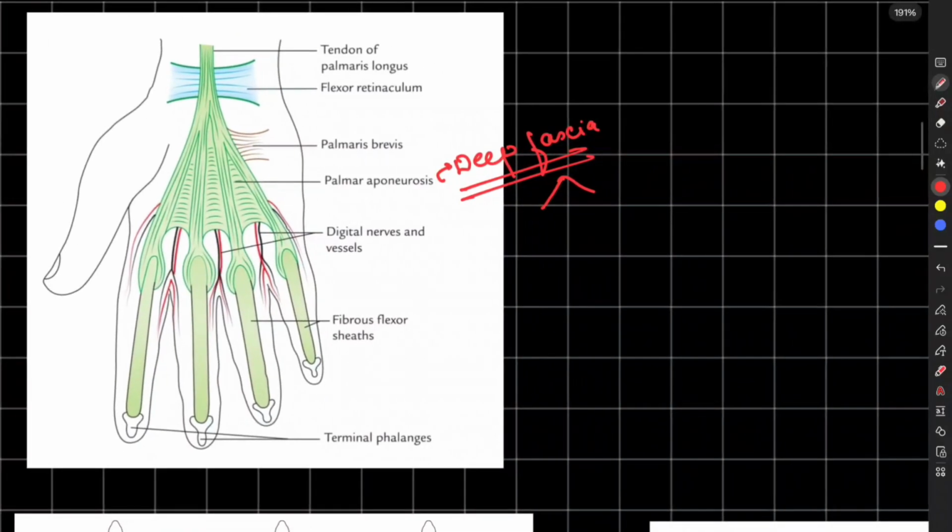First of all, the superficial palmar arch, the long flexor tendons, and the terminal parts of the median nerve.